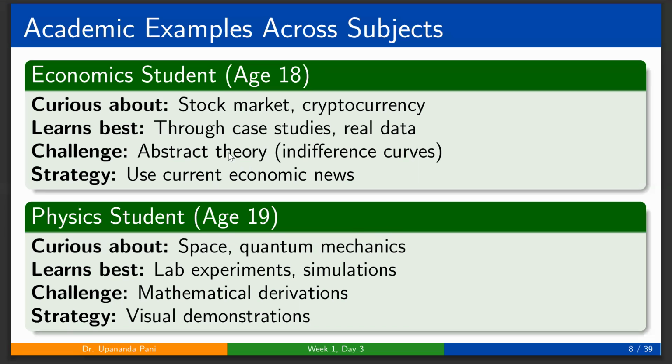So they learn best through case studies and real data. And the challenge is abstract theory. Like suppose if you are introducing them indifference curve, so they will find it will be a challenge for the teachers. So the strategy is you have to use the current economic news, or you have to use the real world examples, right?